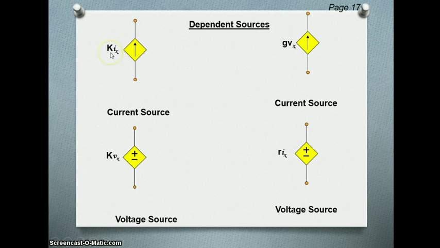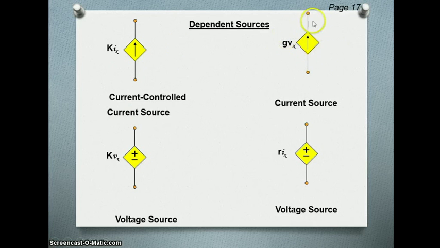The expression is KIX, where IX is again a current, some other branch current. So this is a current source which delivers a current depending on the current at some other branch, or it is a current controlled current source.